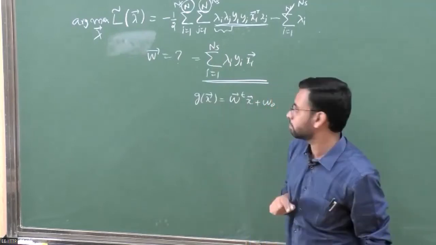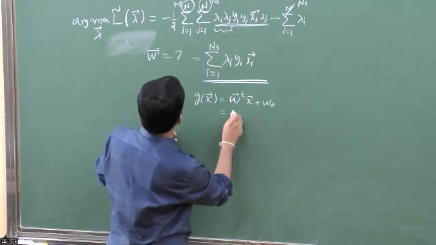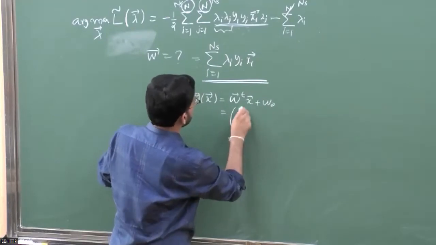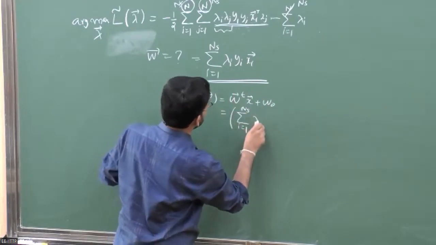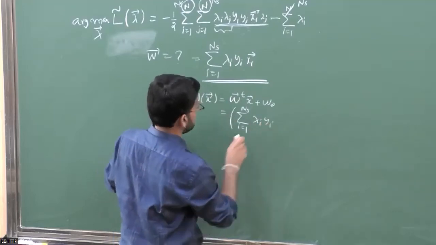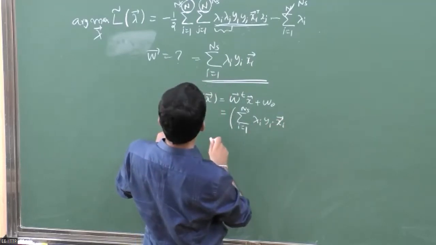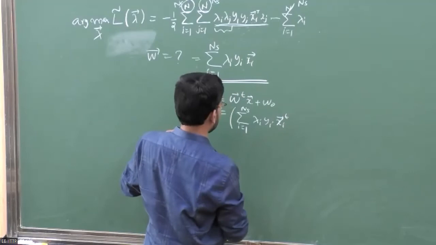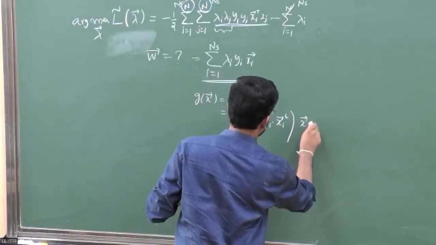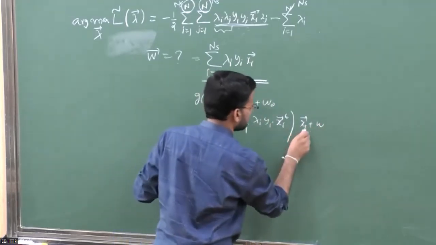Subtle but important. Suppose here also what I could now do is, since anyway I have written it, let me write the sum from i equal to 1 to ns of lambda i yi xi bar, maybe I should write transpose there, into x bar, or let me call this a new point xp.